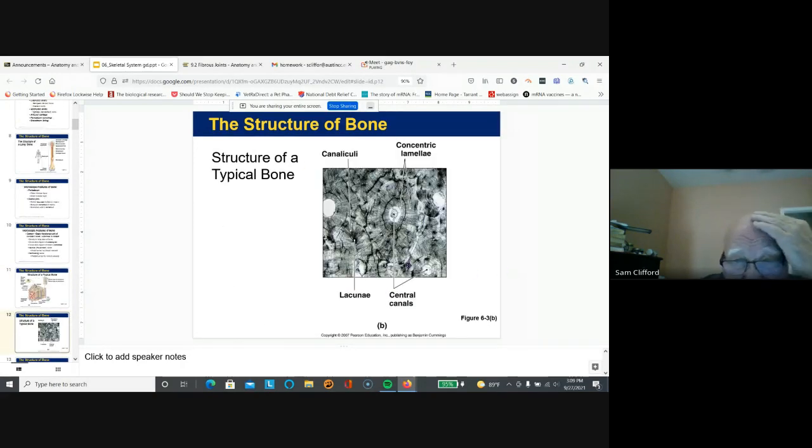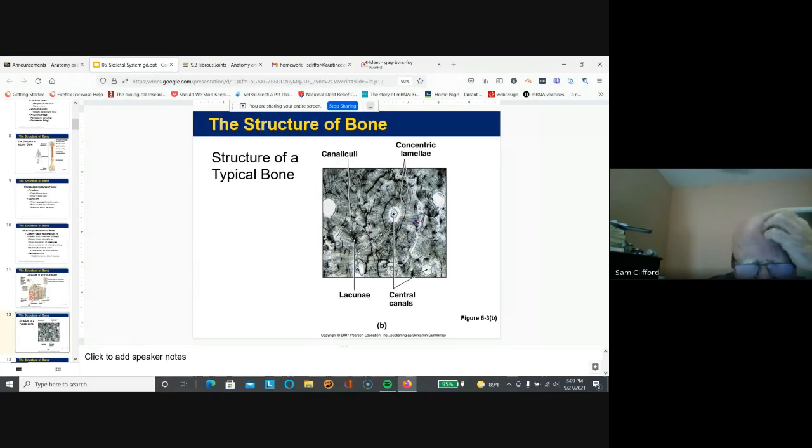So if we look again at a microscopic section on a real microscope slide, each osteocyte lives in a lacuna. Lacuna is a little opening in the lamellae. So this is the central canal. These are the lamellae, plural.